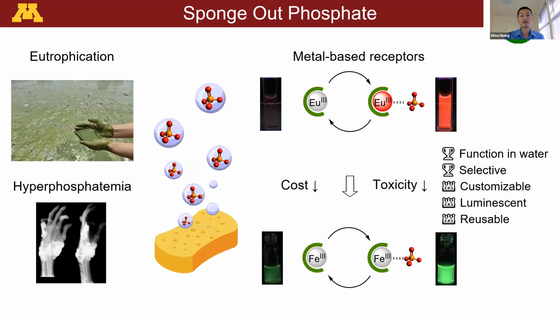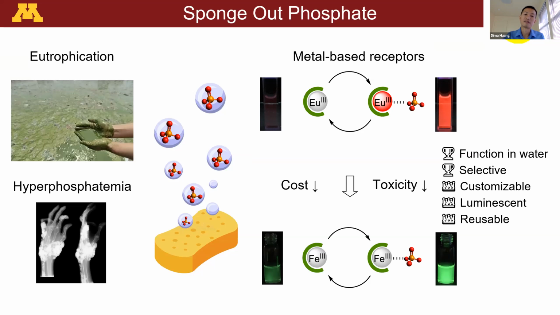This is ideal for monitoring the binding at low concentration and in complex media, because the emitted light specifically tells you the presence of phosphate, and is also very sensitive. Lastly, the process is reversible, meaning those receptors can be reused, and that ensures a sustainable phosphate remediation.